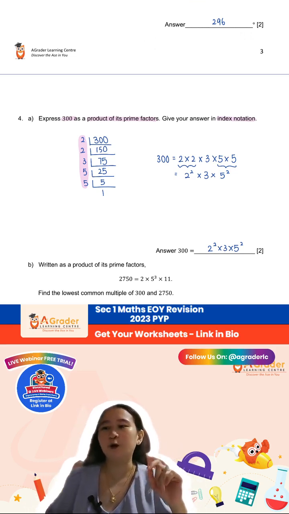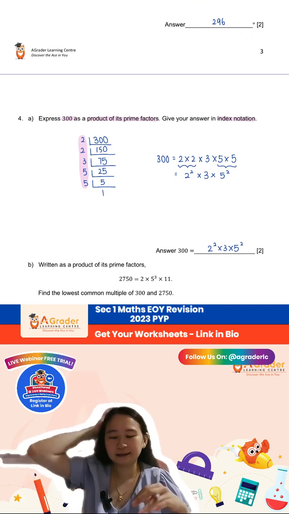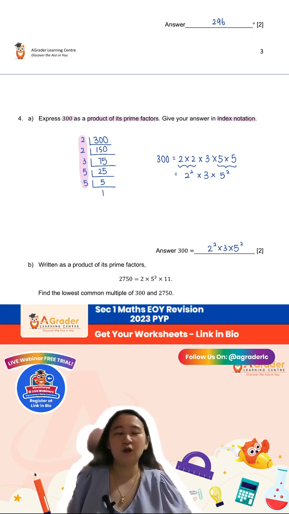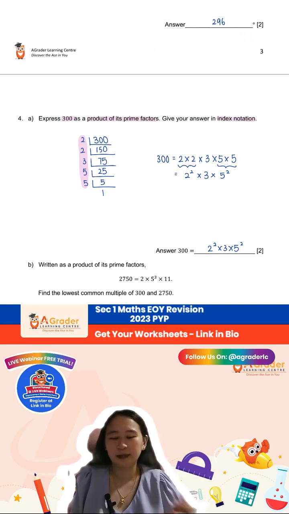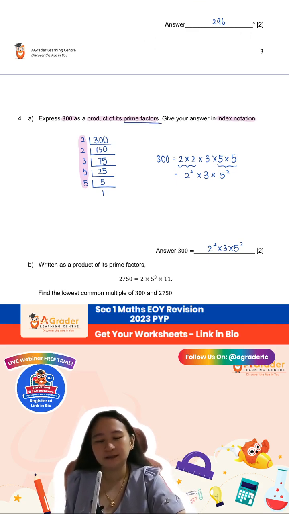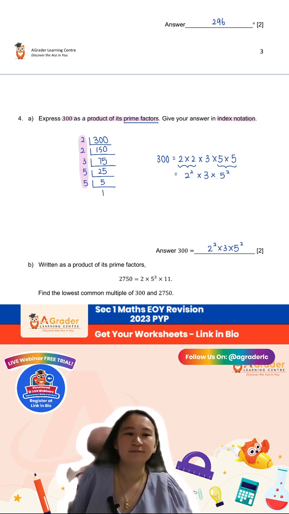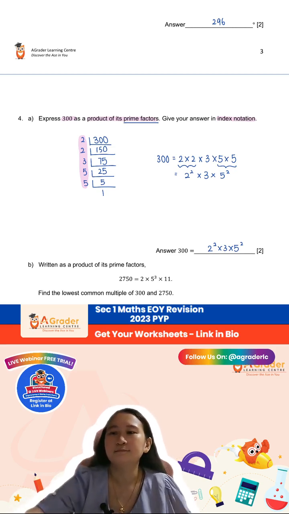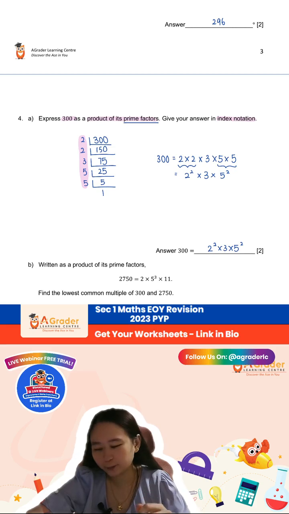This is a bit different from primary math, whereby they ask for factors of 300. When you're talking about factors, yes, 2 and 150 are factors of 300. But now they are asking for prime factors. So you have to take note of the difference here. Can we move on to part B?